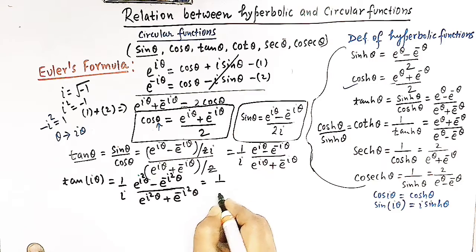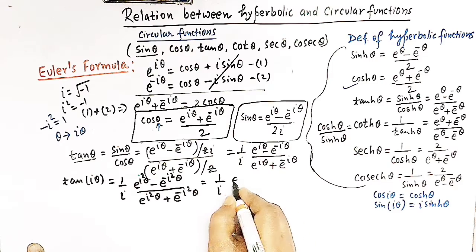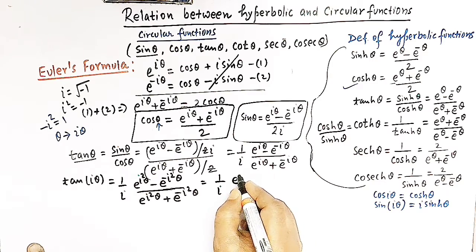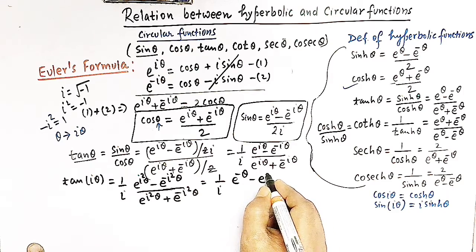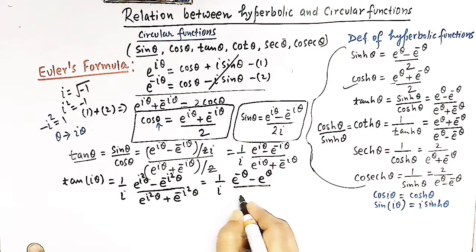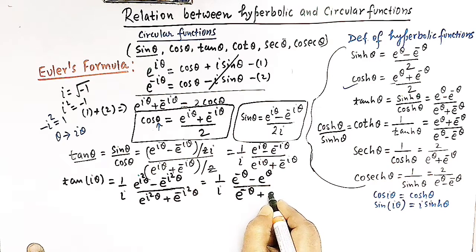So we have 1 over i, and e raised to, here we have minus theta, then minus e raised to plus theta, divided by e raised to minus theta plus e raised to theta, right?